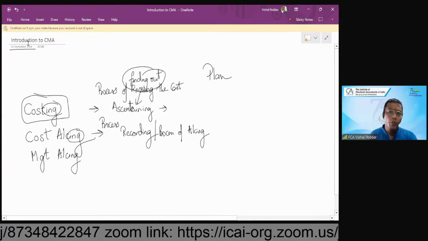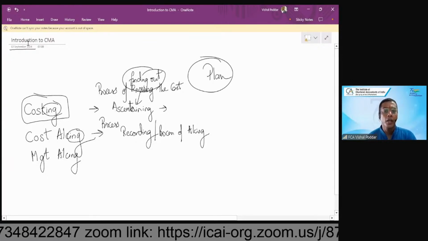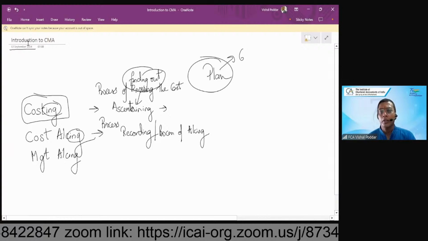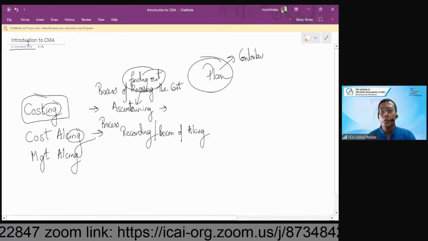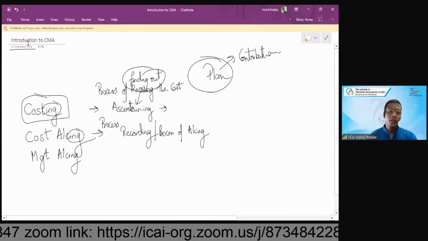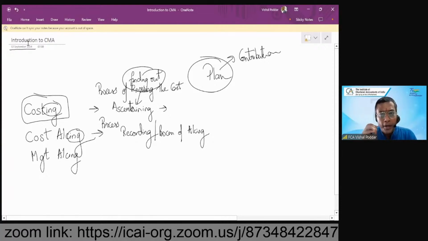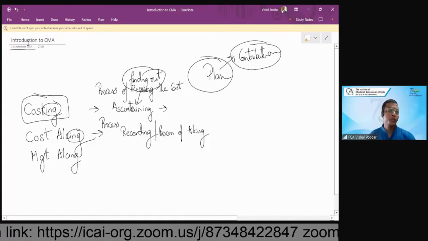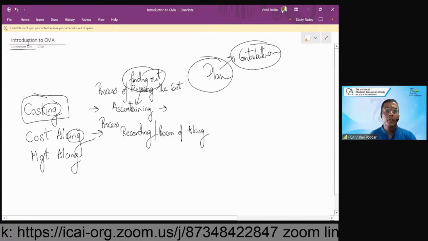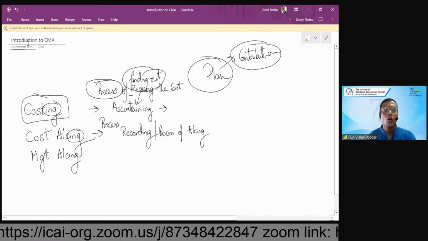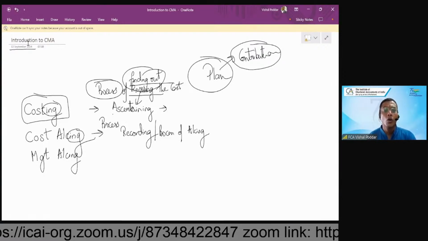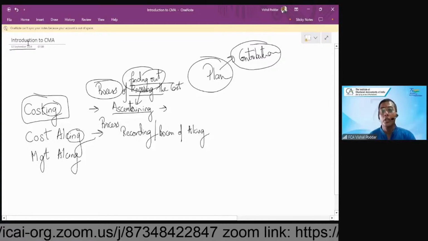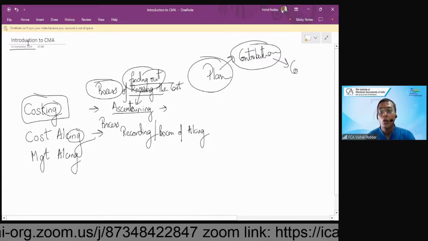What is required, one very important thing, is taking contributions from everyone, because there is going to be some expenditure incurred. Now, how do you ascertain this contribution? That is the process of what? Of knowing or finding out or calculating the contribution, and it is nothing but the cost.